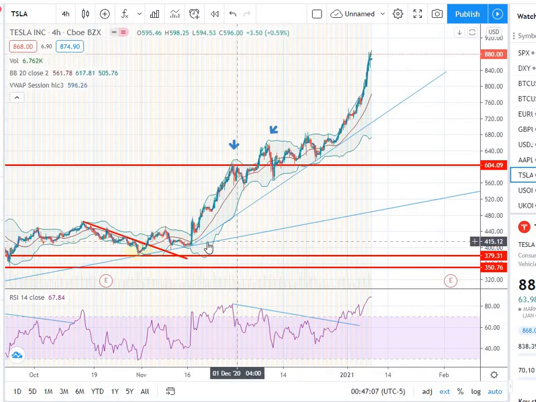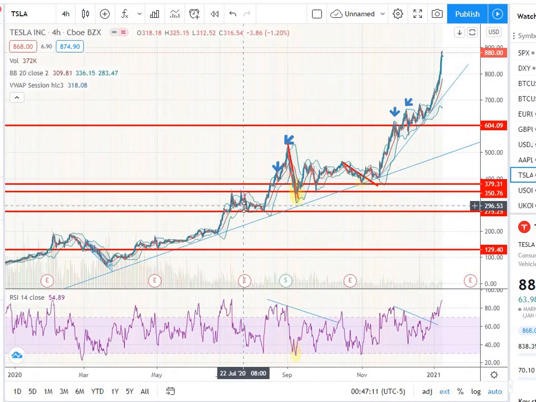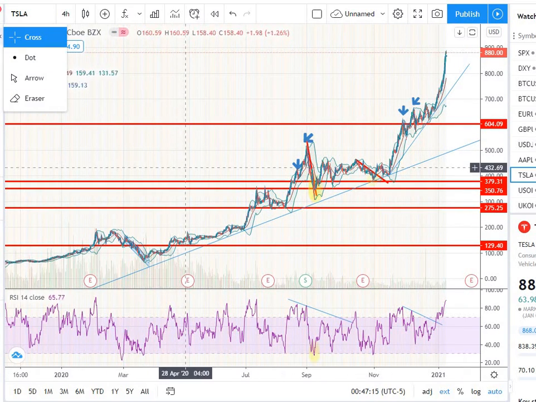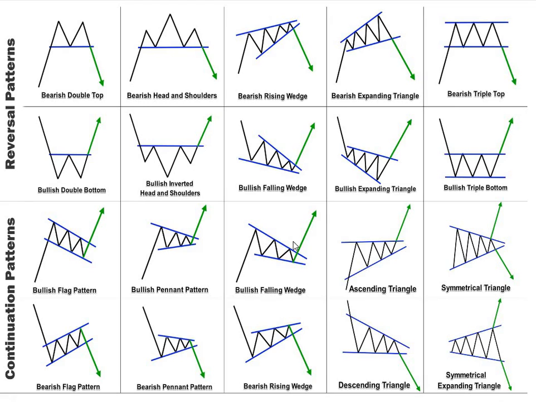I have another one that I want to share, the patterns. You remember the patterns I told you about here. I'm going to show you this exact pattern that actually happened to Tesla at the point where I told you that this would have been your ideal entry.